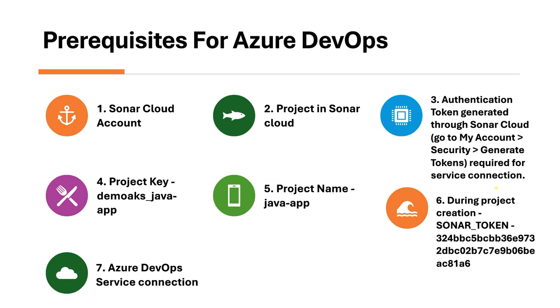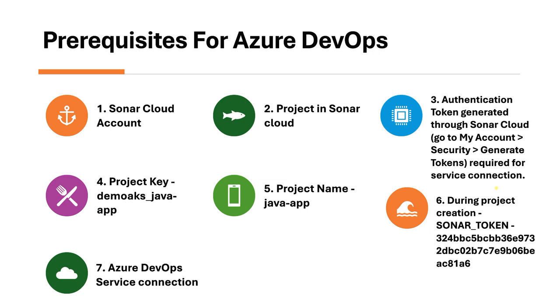Here we are going to see how we can create a security token which will be used for the service connection between Azure DevOps and SonarCloud. Fourth, we have a project key. When you create a project, it will automatically create a project key. This project key and project name will be required in your CI pipeline.